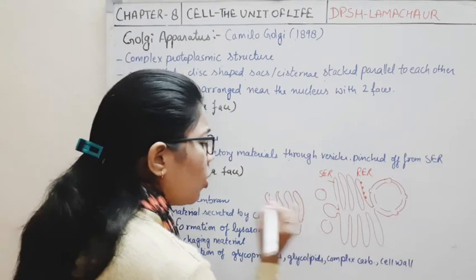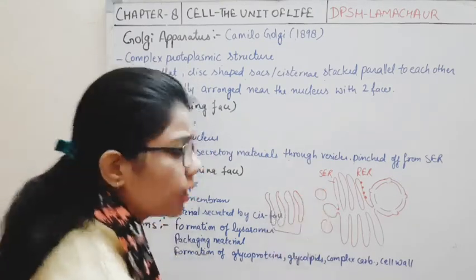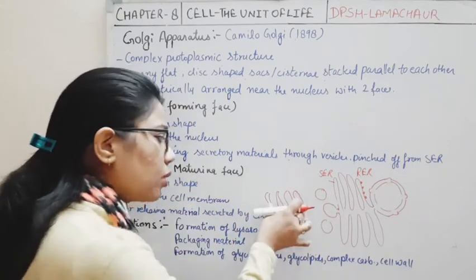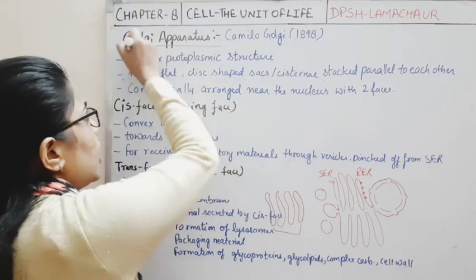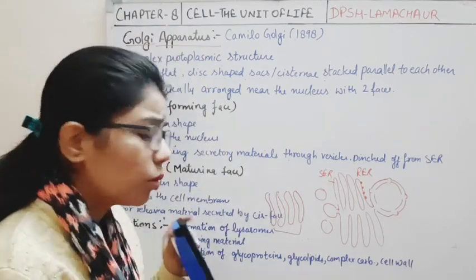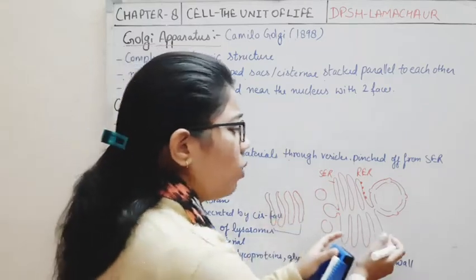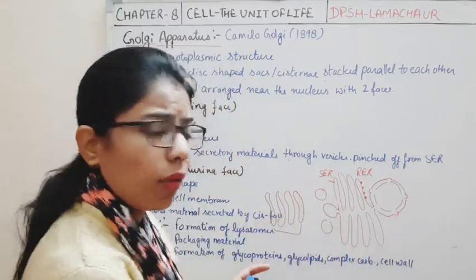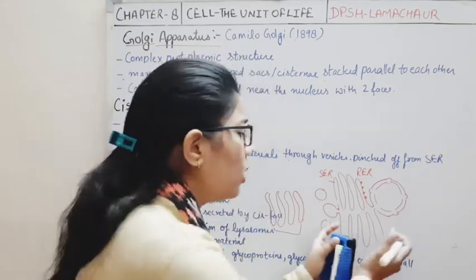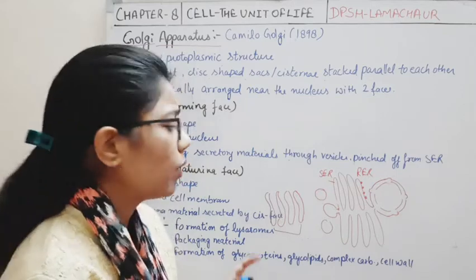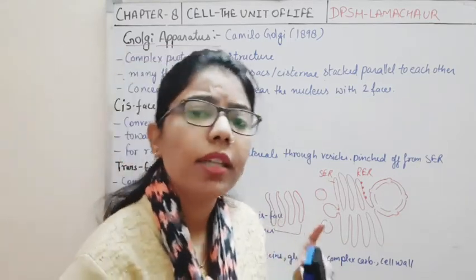Because all these form the Golgi complex, and when this complex is connected with the vesicles, it is known as the Golgi apparatus. So today we have to discuss this Golgi apparatus and how it is useful for other things. It comes from the endoplasmic reticulum. All these are interconnected, that's why we are studying the Golgi apparatus under the endomembrane system.